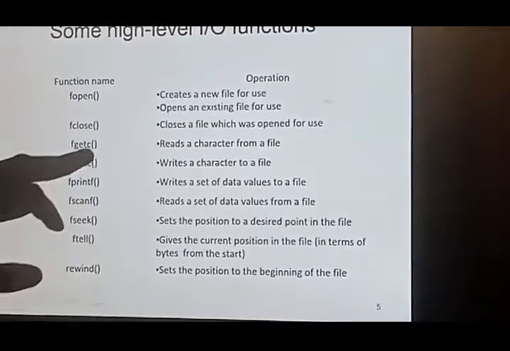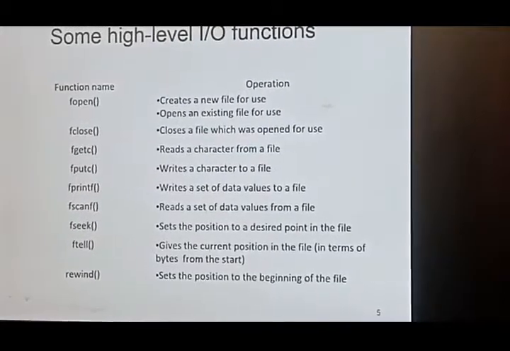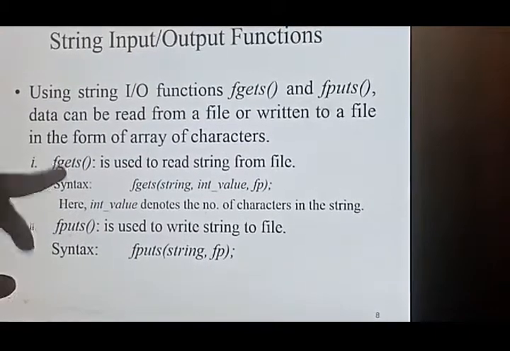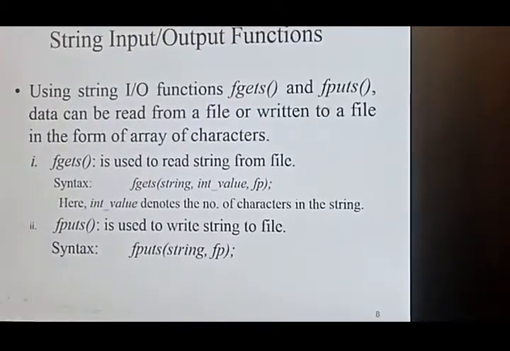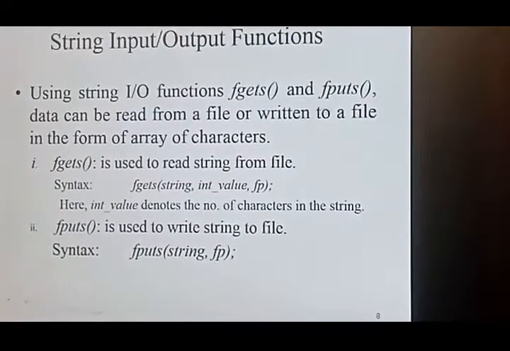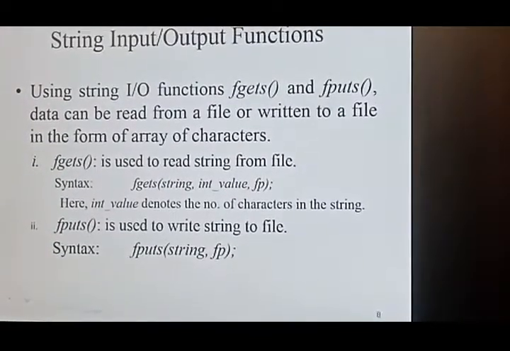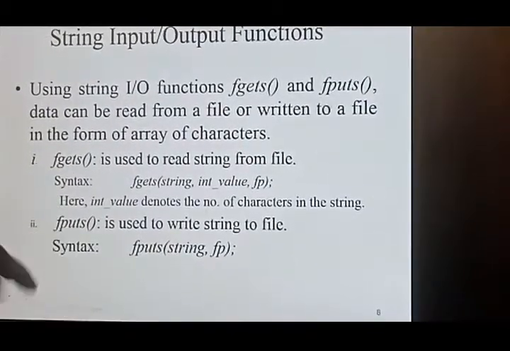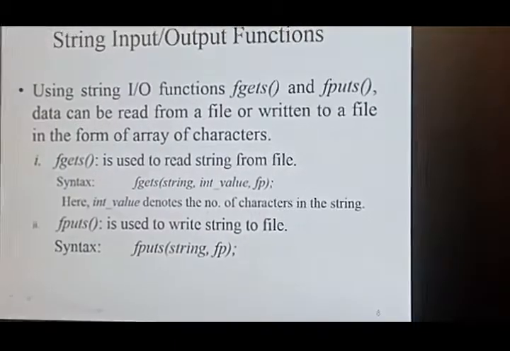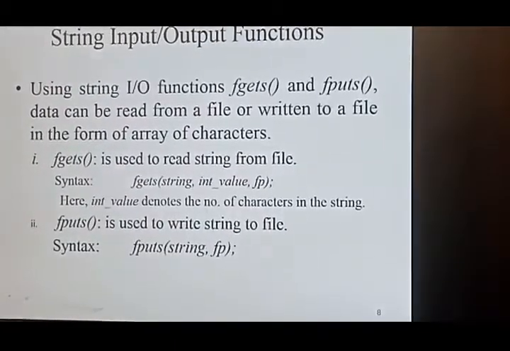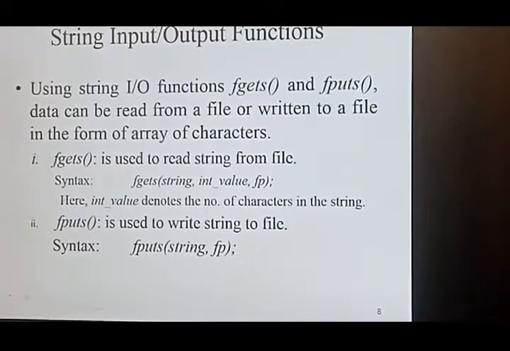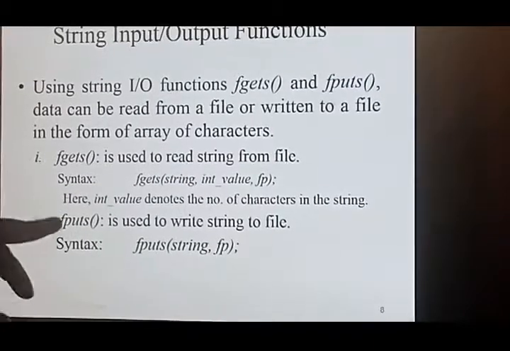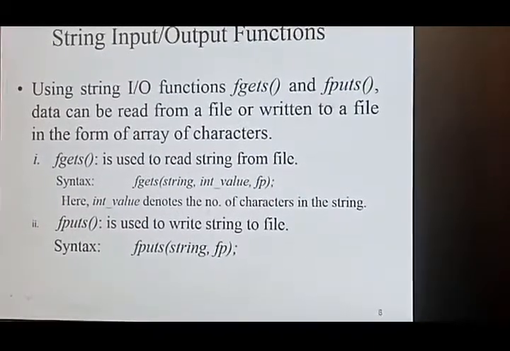Related to this, you also have the string functions fgets and fputs. In the case of fgetc you get a character and it handles characters, but fgets and fputs deal with strings. So fgets will read a string, meaning a collection of characters, from the file, and fputs writes the string to the file.